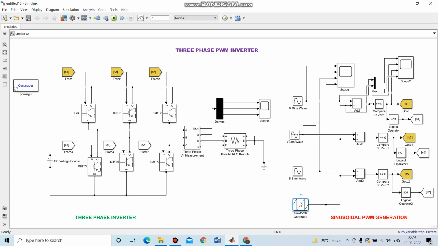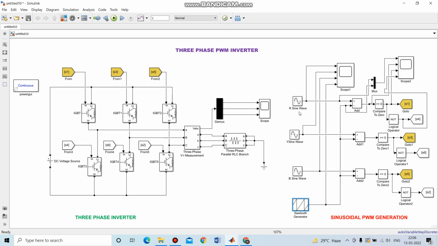This is your sawtooth generator. Here you can study that this is sinusoidal pulse width modulation. You have 2 waves: the normal sine wave, which is your reference wave, as well as your carrier signal wave. In this we give the sawtooth generator as the carrier signal, and the normal sinusoidal wave, for 3-phase, is the RYB sine wave.